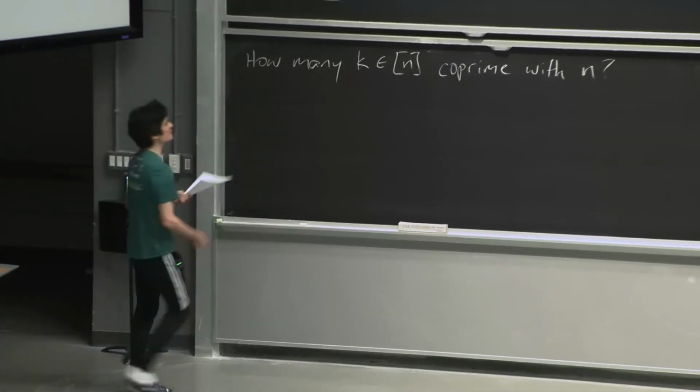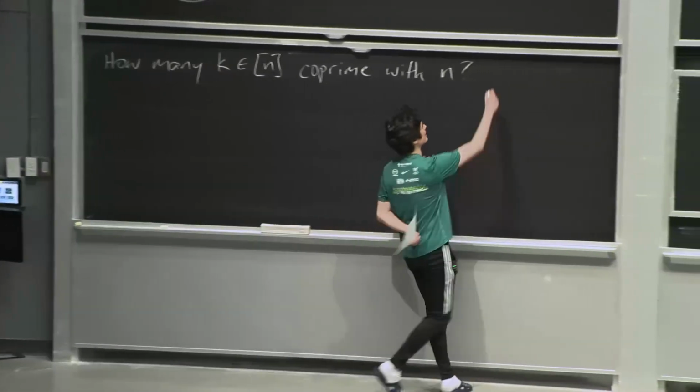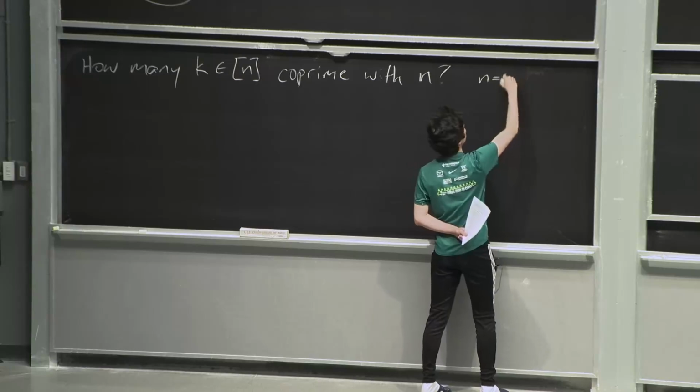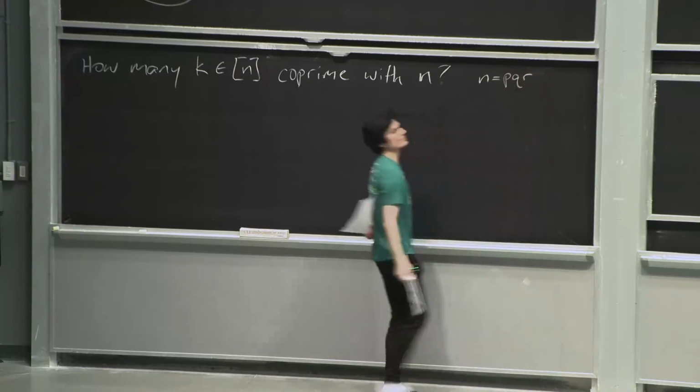Okay. So for simplicity, let's assume for now that n is the product of, say, 3 primes, p, q, and r.